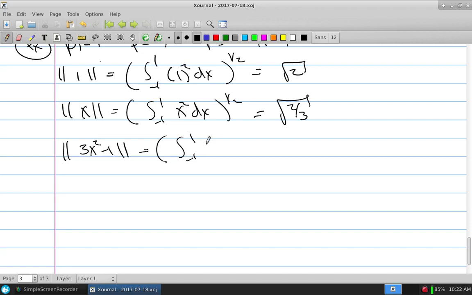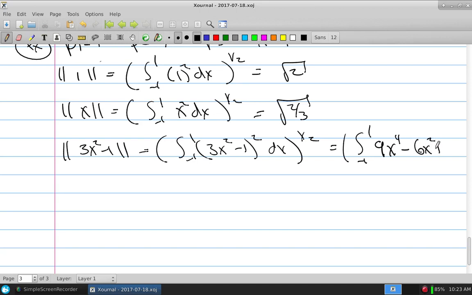It is the integral from minus 1 to 1 of 3x squared minus 1, the quantity squared, dx to the 1/2 power, which is the integral from negative 1 to 1 of 9x to the 4th minus 6x squared plus 1 dx to the 1/2 power.